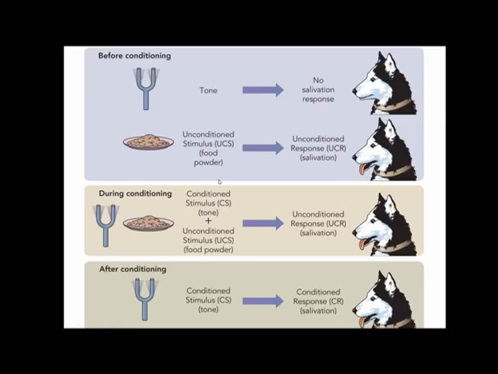And if we want to look at this a different way with the graphic from the textbook, they use a tone instead of a bell, but a particular sound. And they break it up into before conditioning, during conditioning, and after conditioning. So before conditioning, you have your tone, and the dog doesn't do anything because what does a tone mean to a dog? So this would be our neutral stimulus.